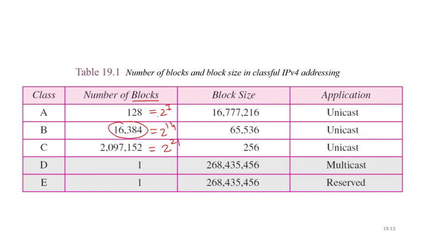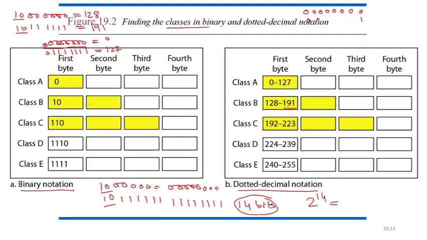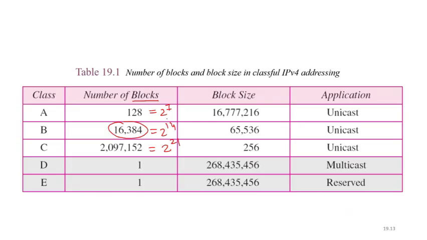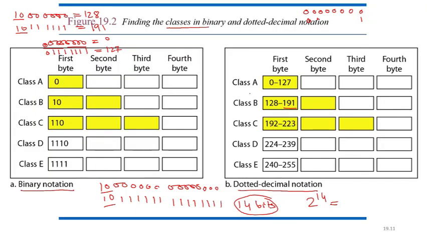And in each block, what will be the size? This size will basically tell the total size. This was the case, 128 multiplied by this possible range.